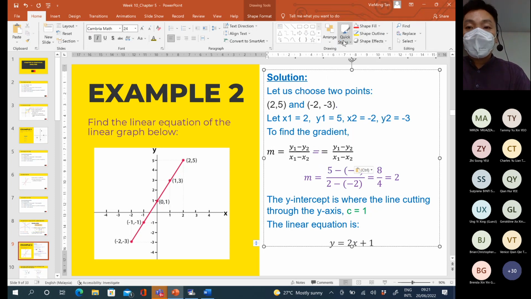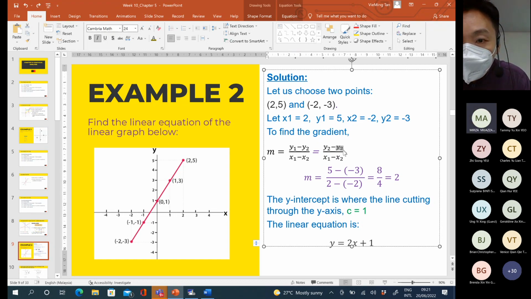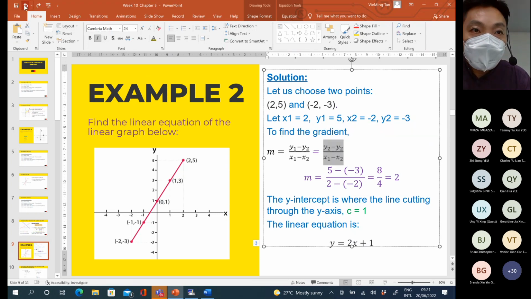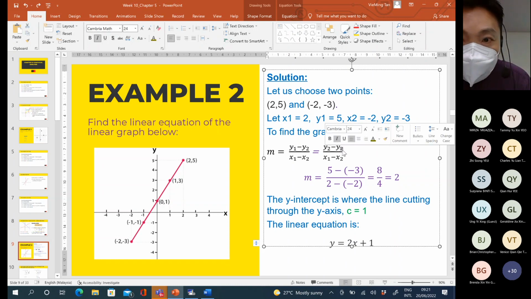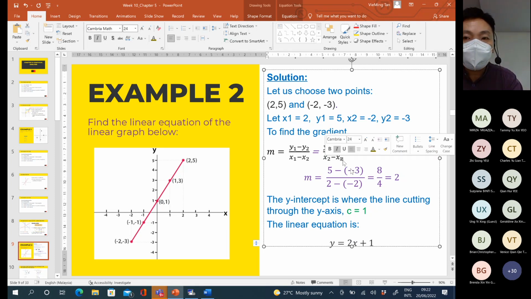If you prefer to use y2 minus y1, then for your denominator, you also have to start from x2, then x2 minus x1.